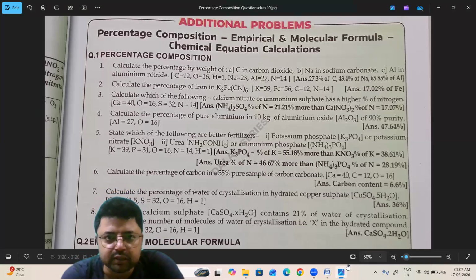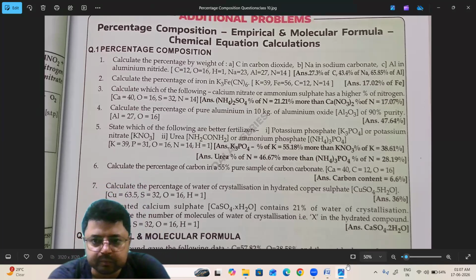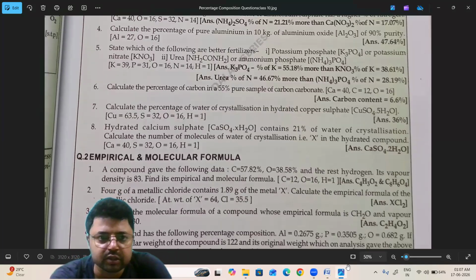Now, there is another question in question number 8. You can see hydrated calcium sulfate contains 21% of water of crystallization. Calculate the number of molecules of water of crystallization X in the hydrated compound.